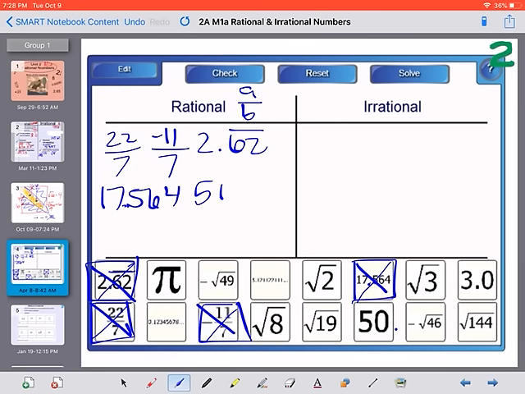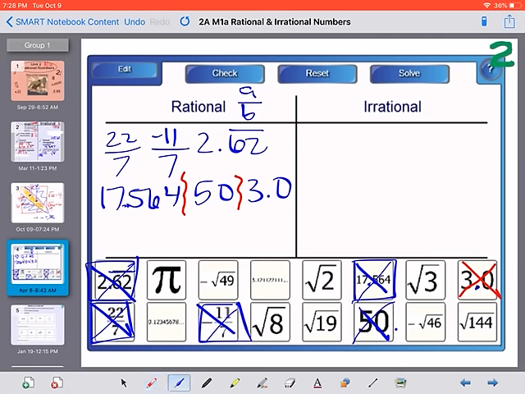So 50 is a rational number. 3, here's 3 point nothing. It ends. 3.0. These are separate numbers here. Done with that one. All the rest are either square roots or dot dot dots or pi.